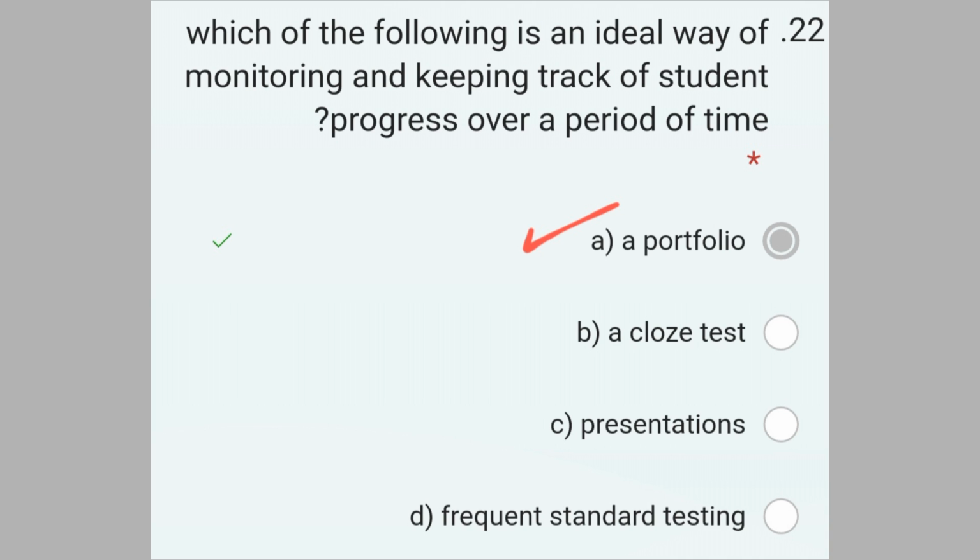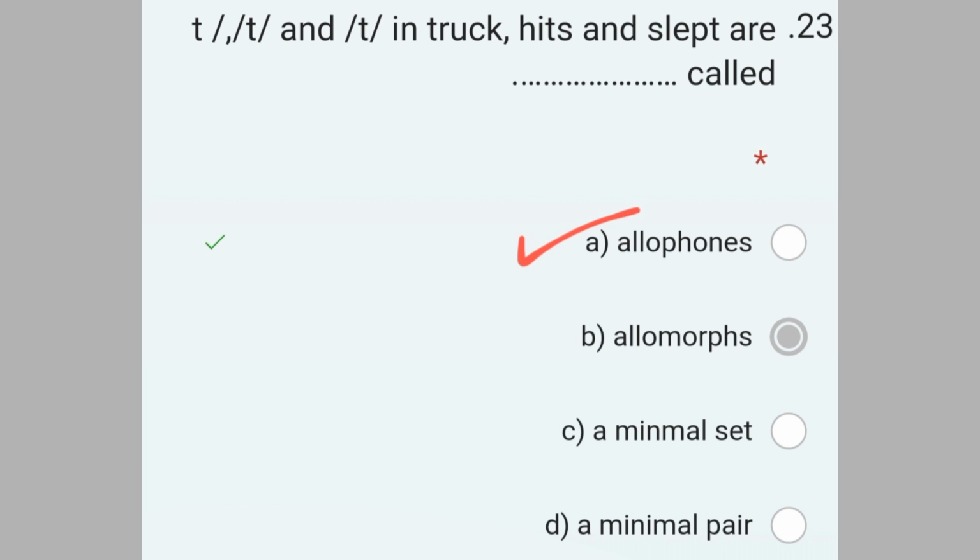Which of the following is an ideal way of monitoring and keeping track of student progress over a period of time? A. A portfolio. B. A closed test. C. Presentations. D. Frequent standard testing.